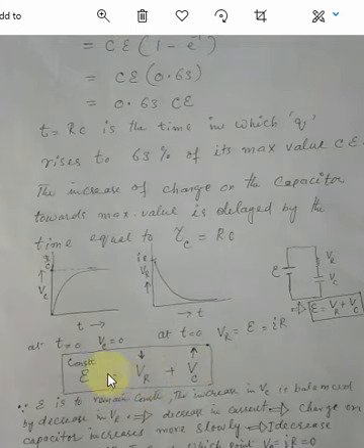This is not possible. This would be a violation of the law of conservation of energy, because this term is rising, so this side is increasing and this is constant. So this equation will no longer be valid.